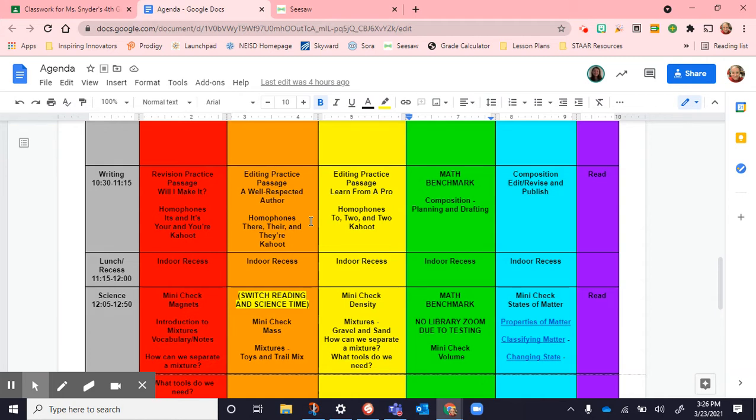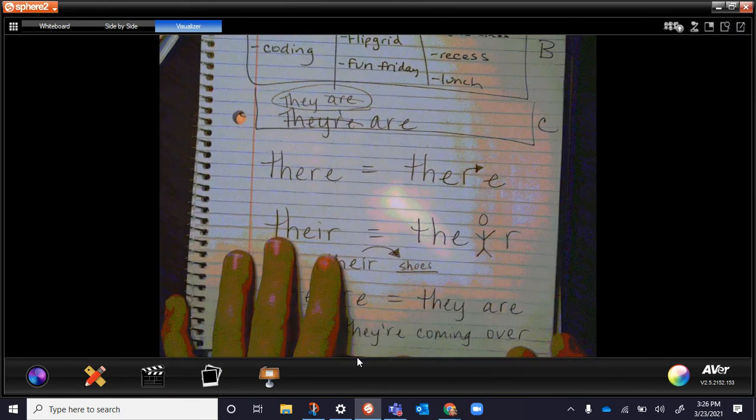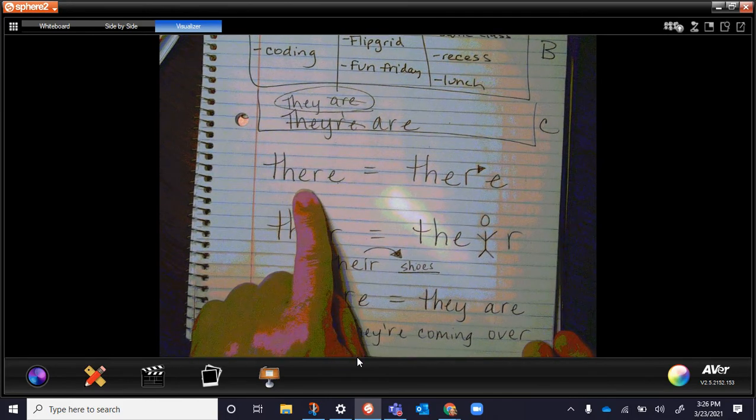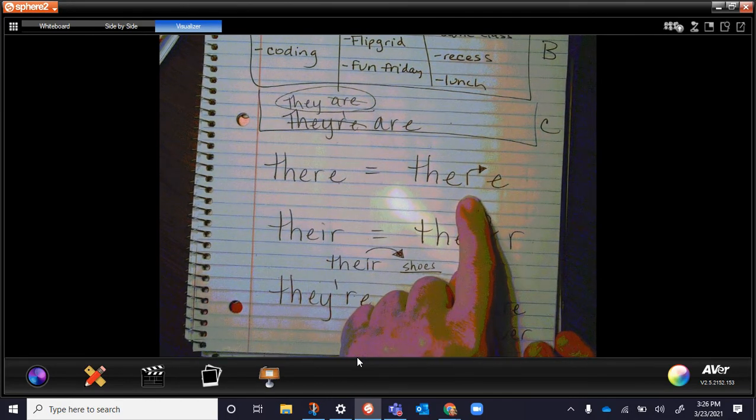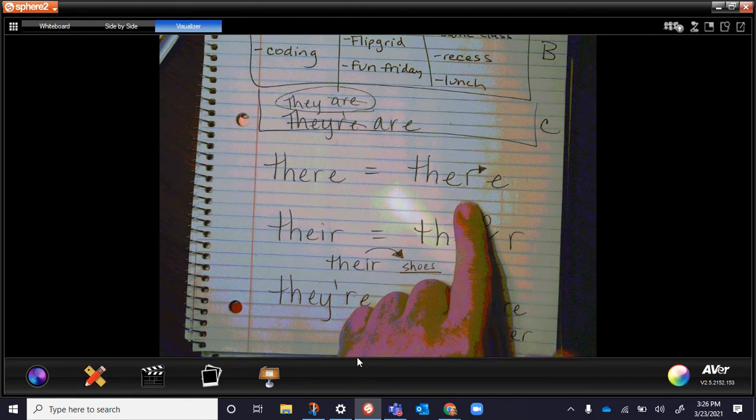Just as a reminder, in our notebook, we put a reminder here on the bottom. THERE, we turn that R into an arrow to say we're talking about over there. We can point to it.